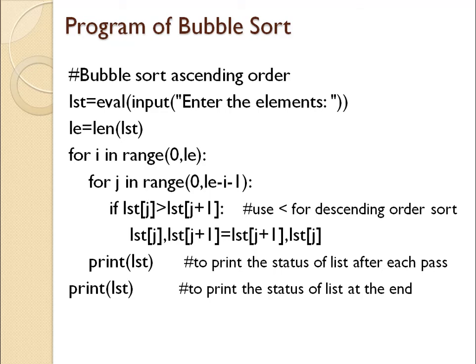That decrease is done with this minus i. So at step number i, there will be i elements that have been placed at their correct position. So that's why length minus 1, that is for the proper indexing, and minus i to indicate that at each step one element is being placed at its correct position. So that's why this length minus i minus 1. Okay.